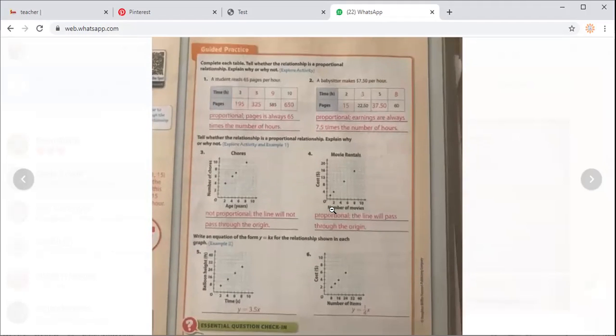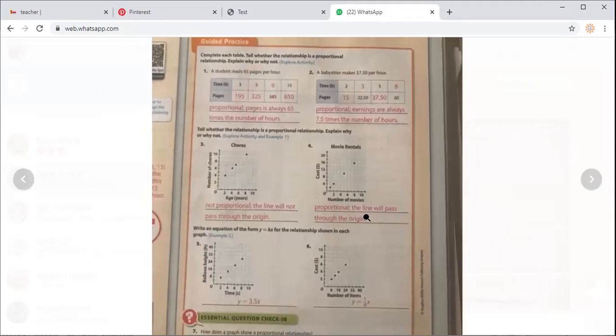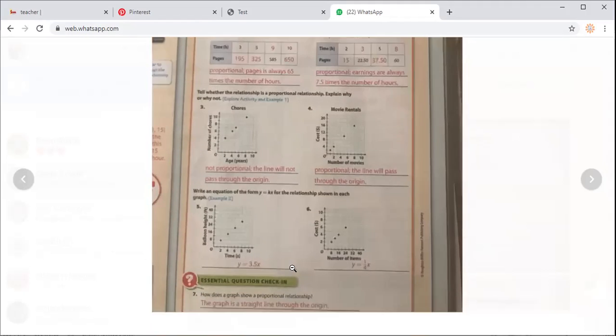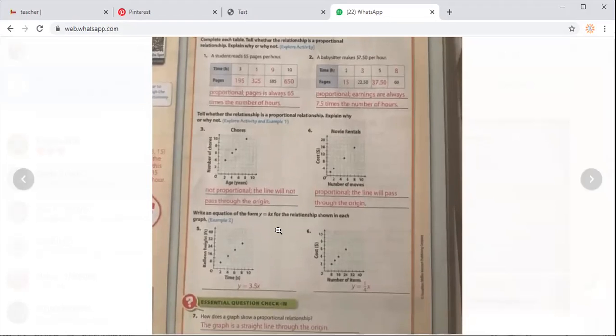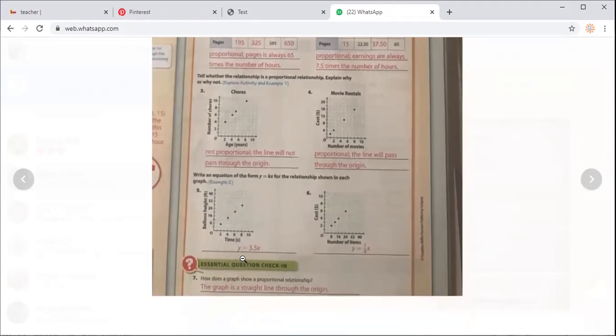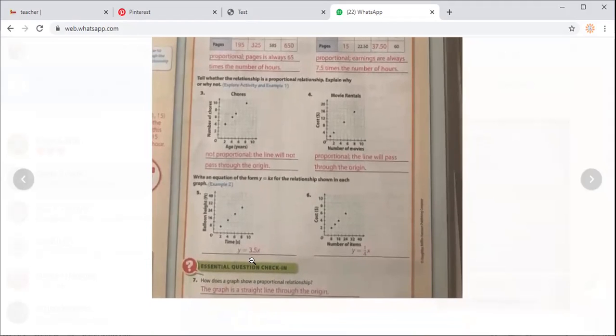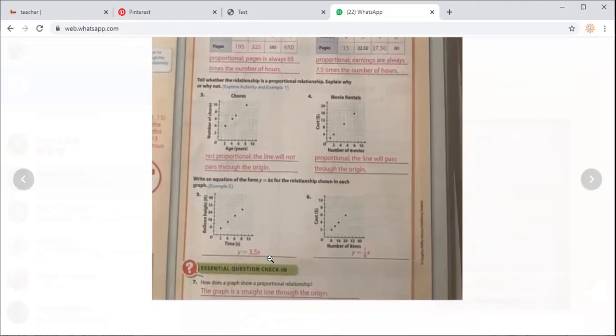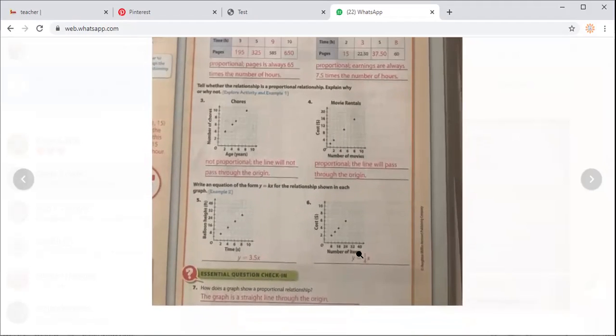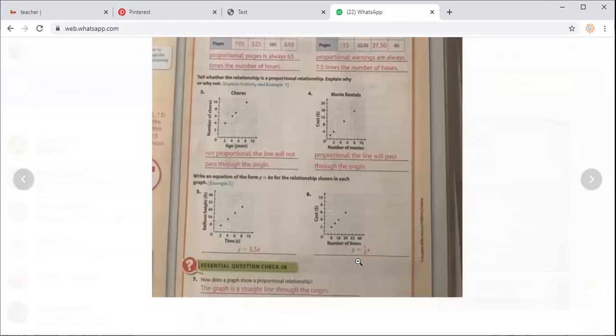Here, this one is proportional, because the line passes through 0. And the last question: write an equation in the form y equal kx. So we have to find the constant first. The constant equals 3.5, so the equation is y equal 3.5x. And this one, the constant equals a quarter, so it will be y equal quarter x.